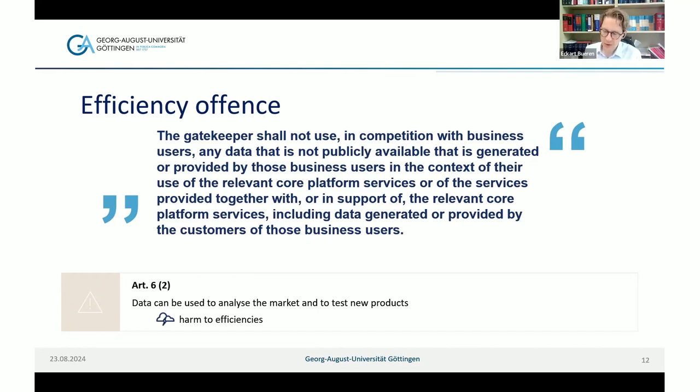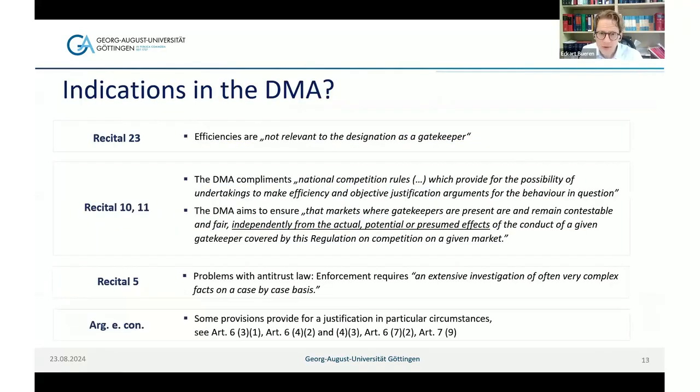There we have again to look at the applications itself, and sometimes we have the possibility of the gatekeeper expressly in the DMA to argue here the obligation should not be enforced in a certain way, or I should be able to do something that contradicts full bringing in practice of a certain obligation. These are these provisions for justification in particular circumstances.